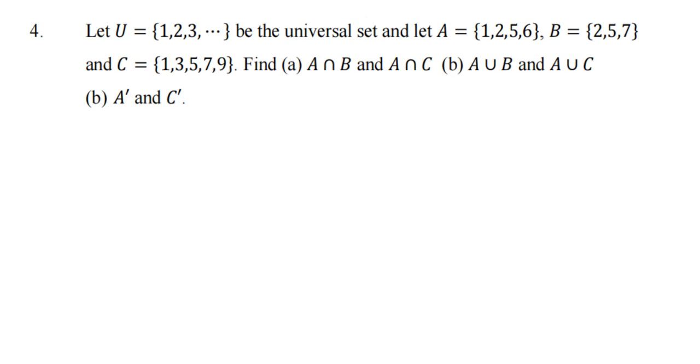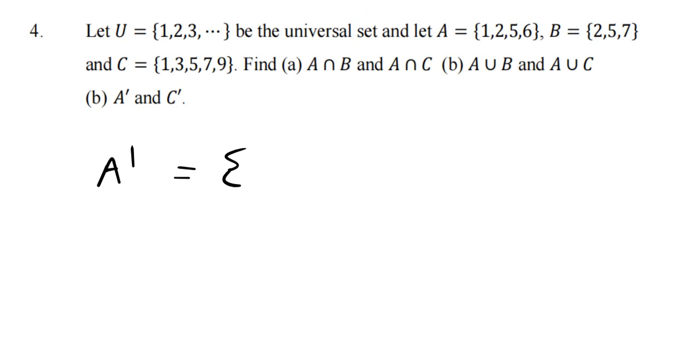Then the last question, I presume, we've got A complement and C complement. Now A complement is all positive integers except those we have in A. The ones we have in A are 1, 2, 5 and 6. So what are those which are not found there?